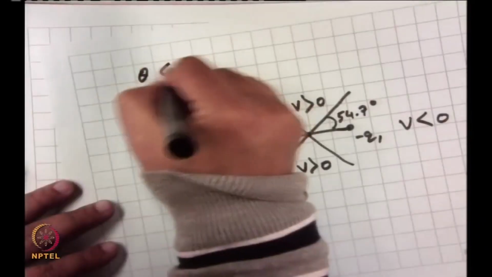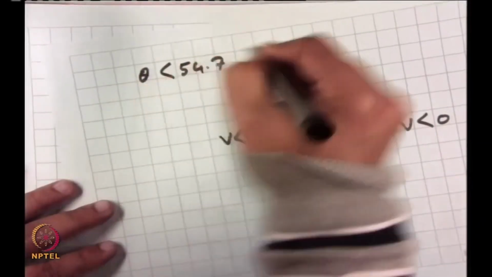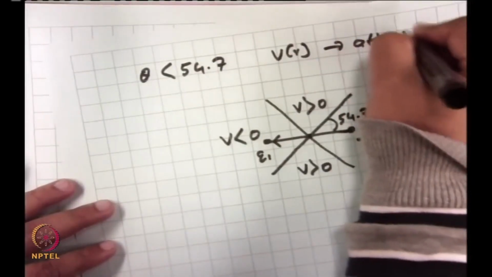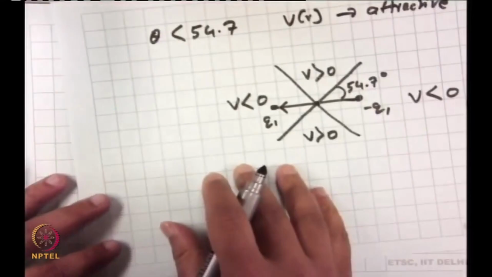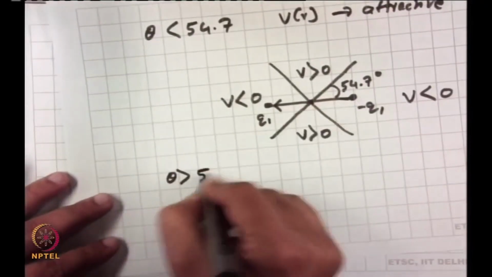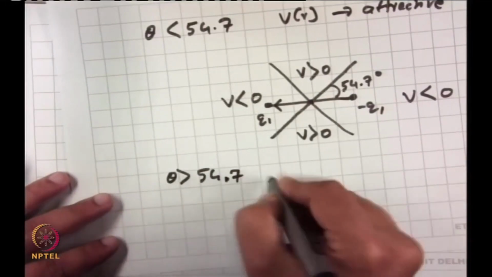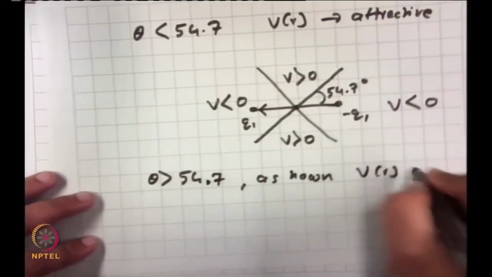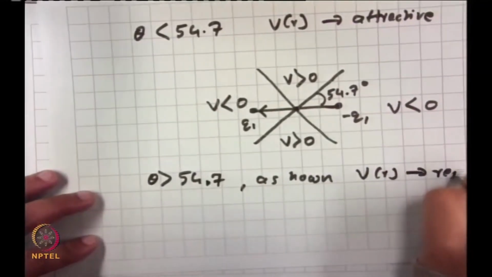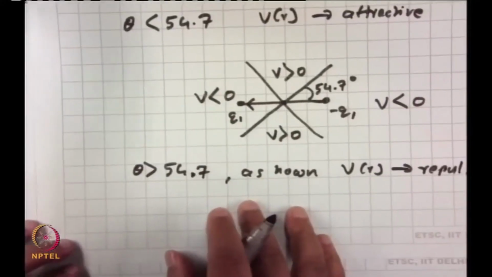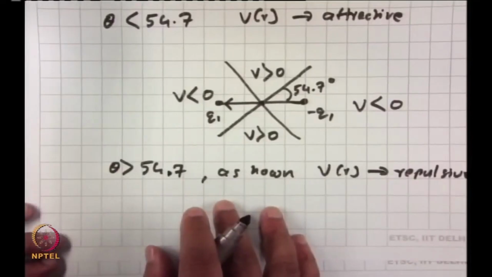To explain it, if theta is less than 54.7, then V of R is attractive. If theta is greater than 54.7, as shown, V of R, because it depends upon R, is repulsive. What about the angles at which you will not have any interaction?